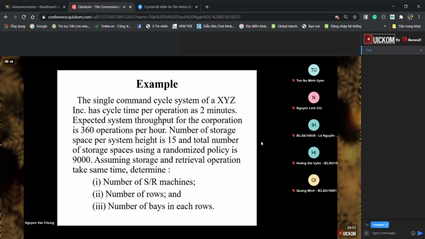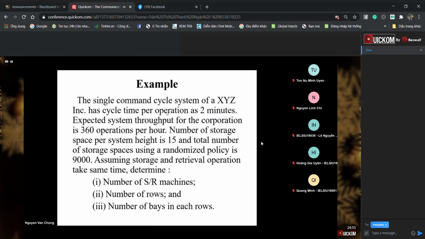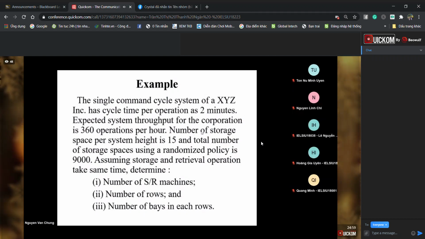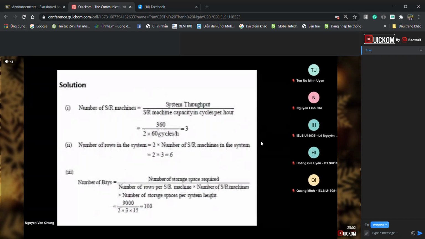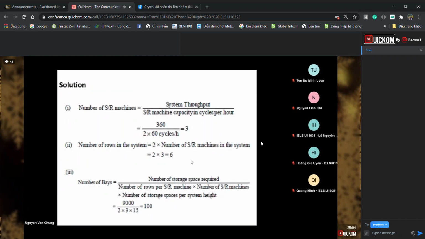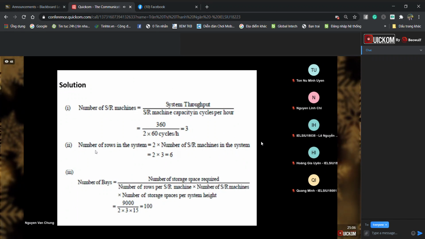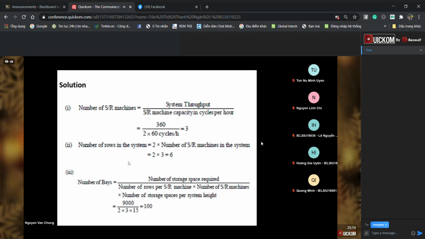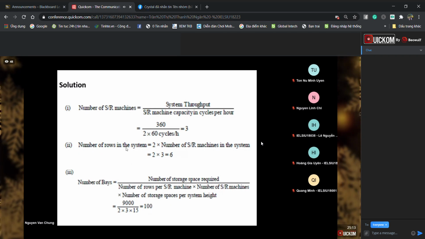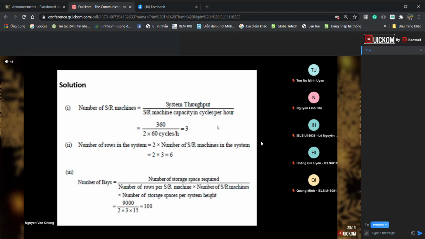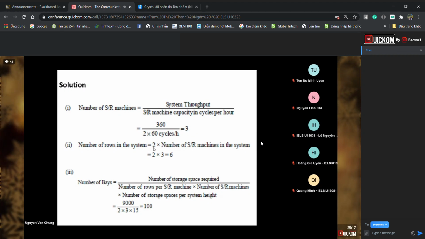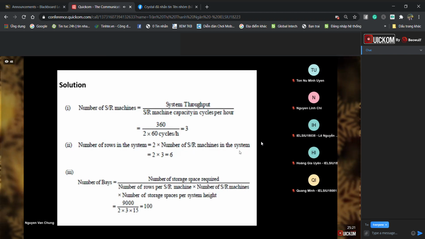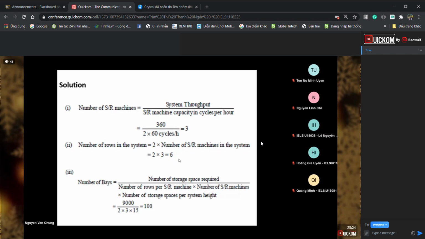You see this very clear. Okay, the system's throughput and the cycle time per operation is 2 minutes, and then you change this out. Okay, you have this. Now the number of rows in the system: you use 2 minutes, so two multiplied by the number of ASRS machines in the system, you have six.